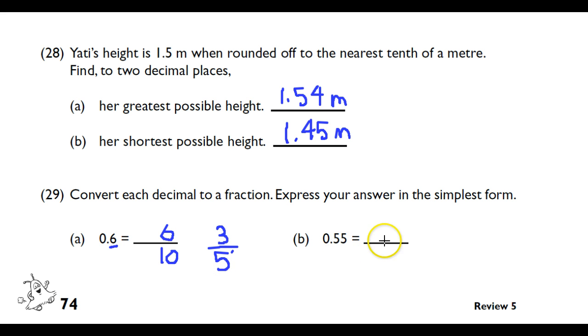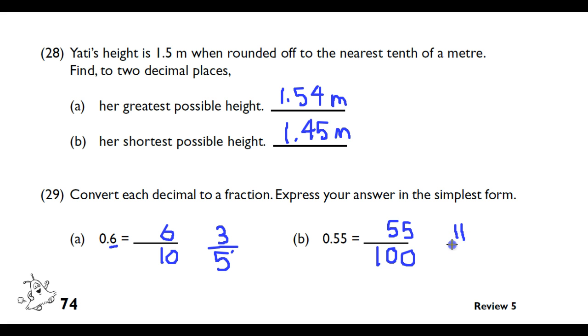Next, 0.55. 55 over 100, so you put a 100. Divide this by 5 is 11.